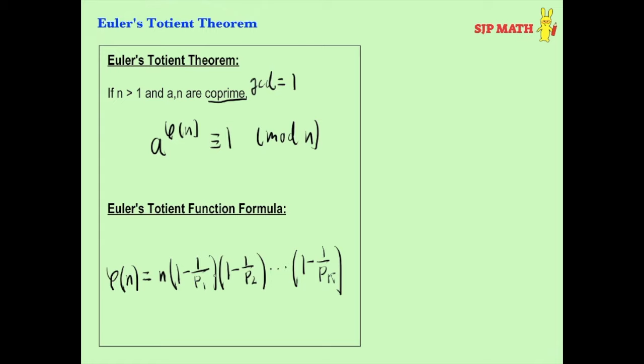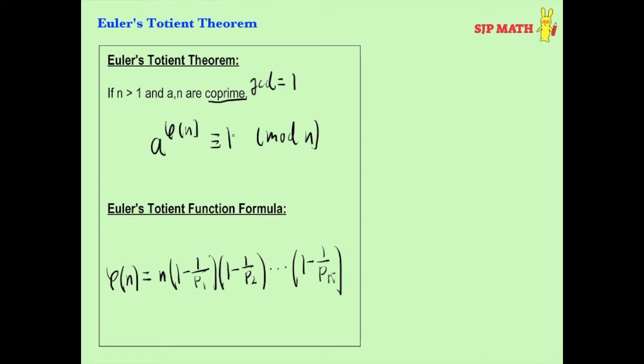That's the Euler's totient function formula, where p1, p2, all the way up to pk are the distinct prime divisors of n. So before you watch this video, make sure you watch the totient function video.